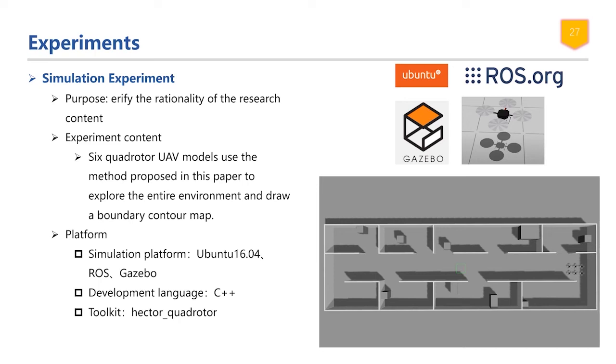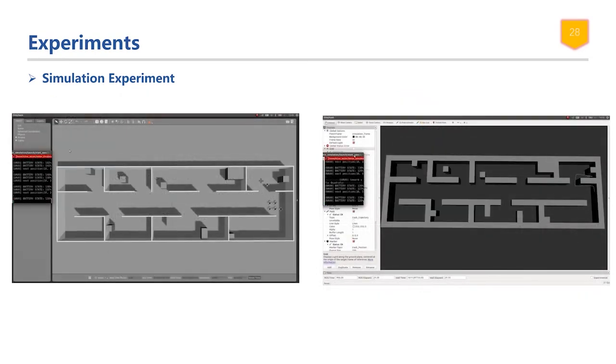The content of the experiment is to build a simulated indoor environment. 6 quadrotor UAV models use the method proposed in this paper to explore the entire environment and draw a boundary contour map. This is the final simulation experiment result.